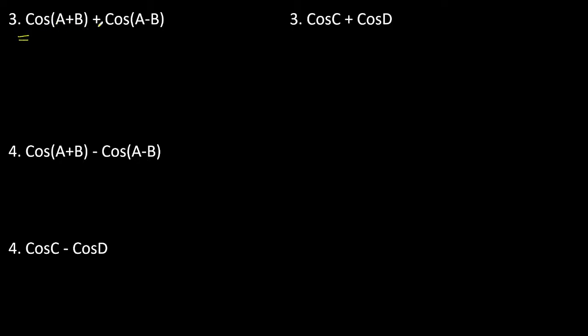Cos A plus B plus cos A minus B is 2 cos A cos B. So we can simply write 2 cos C plus D by 2 cos C minus D by 2.